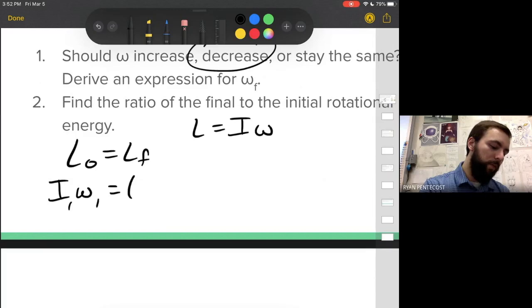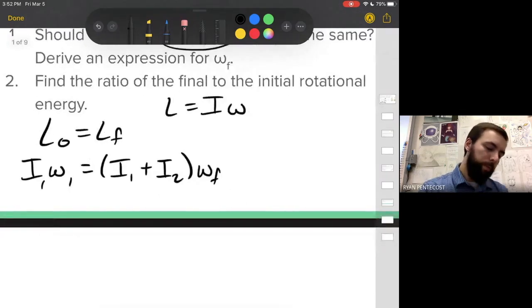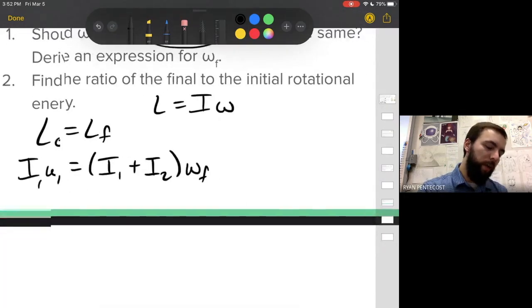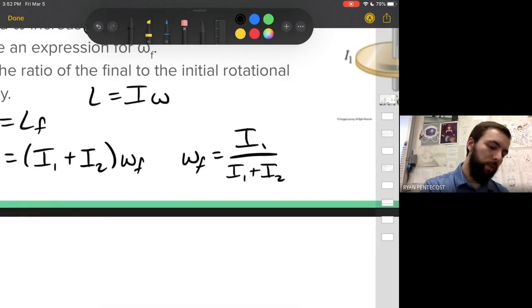Now, in the final case, both I1 and I2 are moving at the same omega final, so you would clump those together. Now, if we divide, we can solve for omega final. Omega final is I1 divided by the sum of the moments of inertia, times omega 1.